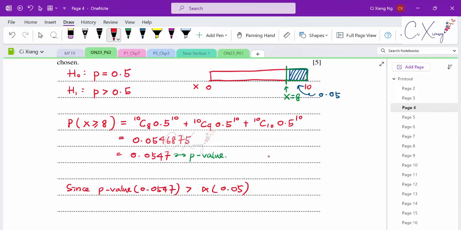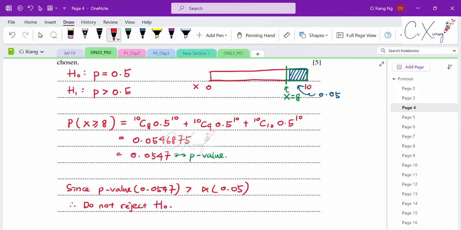And if you visualize it using the diagram here, which is not the correct one, so please don't show this in the exam, you can see that x falls under the acceptance region. Therefore, your conclusion will be do not reject the null hypothesis.